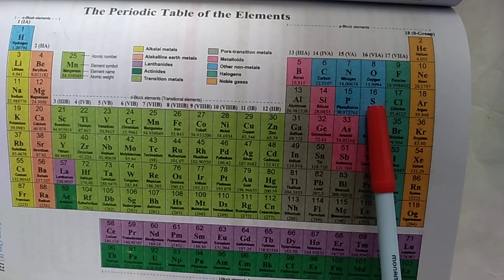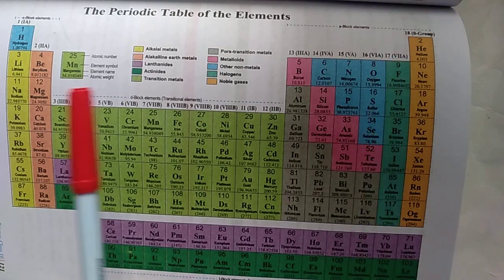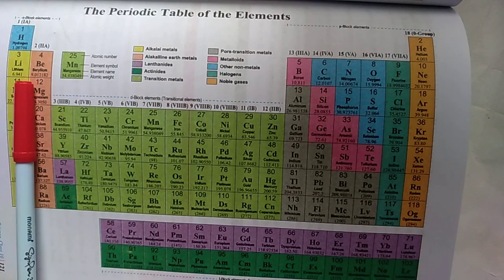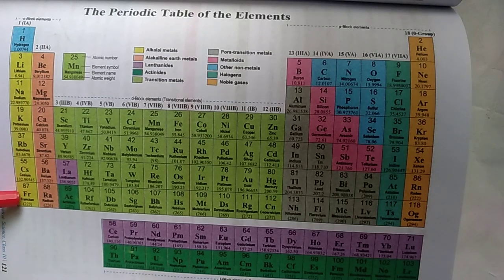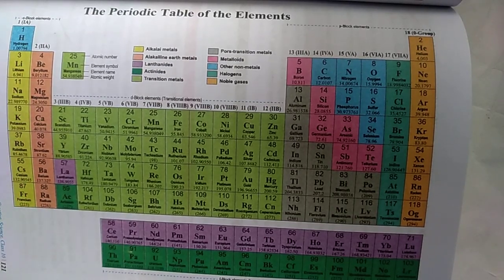So this way, for non-metals, reactivity increases as you move from left to right, but in case of metals, reactivity decreases as you move from left to right. That is why the most reactive metals are group 1A metals. Among metals, group 1A are most reactive because they are on the extreme left.